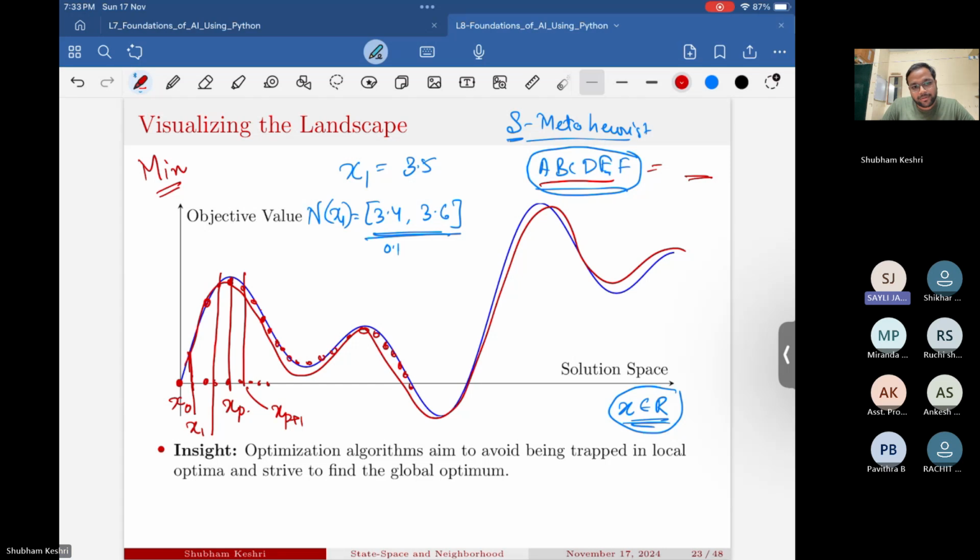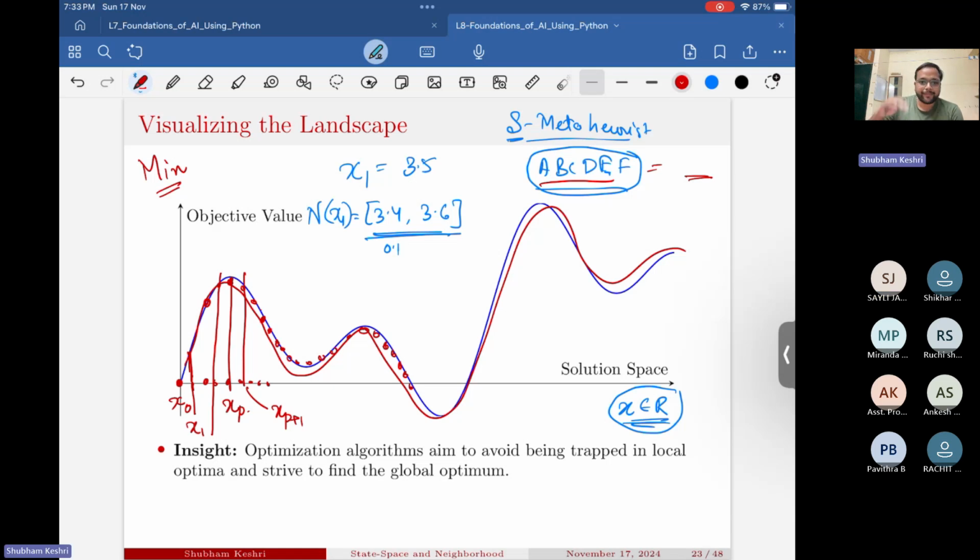Because x1 is greater than x0. No, the objective value of x1 is greater than x0, but again you will look at its neighborhood from x1. That's what my question is: if the algorithm finds the value of x1 greater than the value of x0, then why shall it look for the next neighborhood? Because it already has achieved the maximum value.